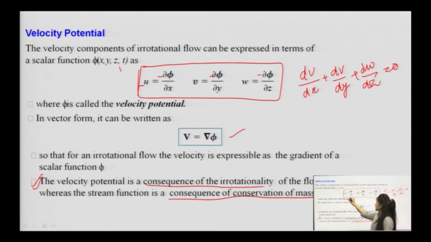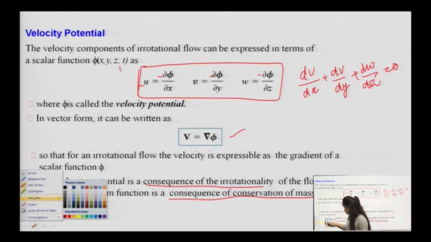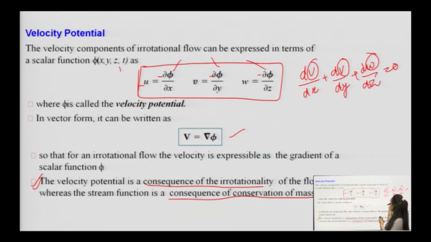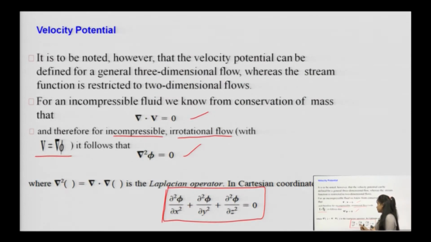So, here we can replace u, v and w with the parameters given by psi, and after substituting these values it again comes in the form of the Laplace equation, which means that if psi exists then it should satisfy the Laplace equation.